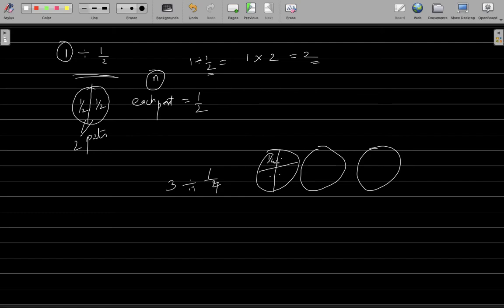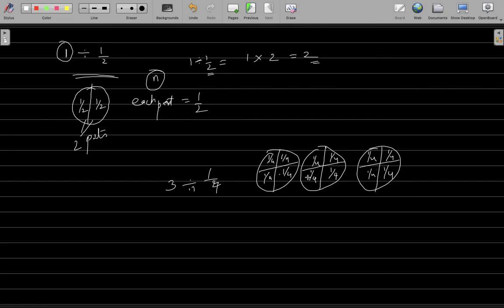Each part will be 1 by 4, 1 by 4, 1 by 4, and this is also 1 by 4. The second whole I am also dividing into 4 equal parts with 1 by 4 value each. That is possible only when you divide it into 4 parts, isn't it? This is also 1 by 4, 1 by 4, 1 by 4 and 1 by 4.